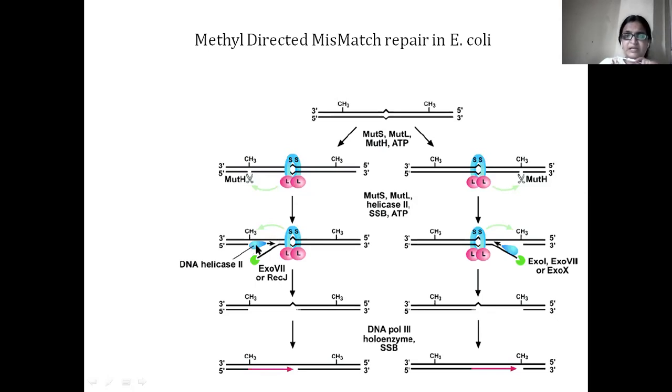DNA helicase is removing the sequence where there is a problem. Wherever there is a lesion, helicase is unwinding the DNA, and then the DNA strand where there is a problem will be cut from this parent DNA, and the gap will be filled by DNA polymerase 3 and SSBs.